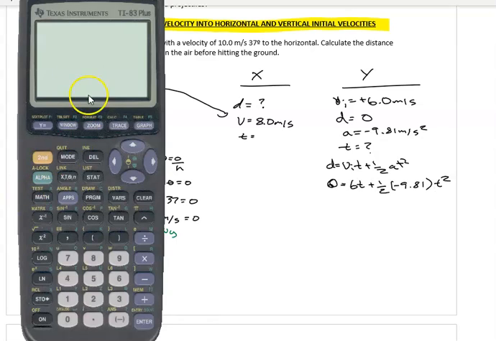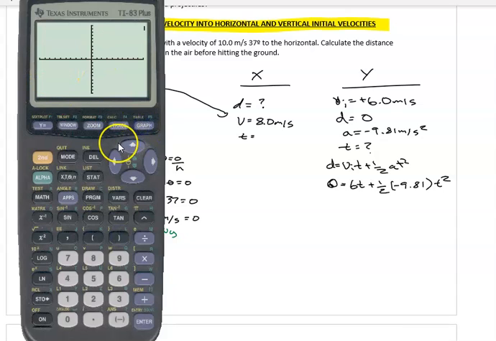In our graphing calculator, we're going to turn it on and enter either side of the equation into y1 and y2. The first one is 0, the second one is going to be 6 times x plus 0.5 times negative 9.81 x squared, close brackets.